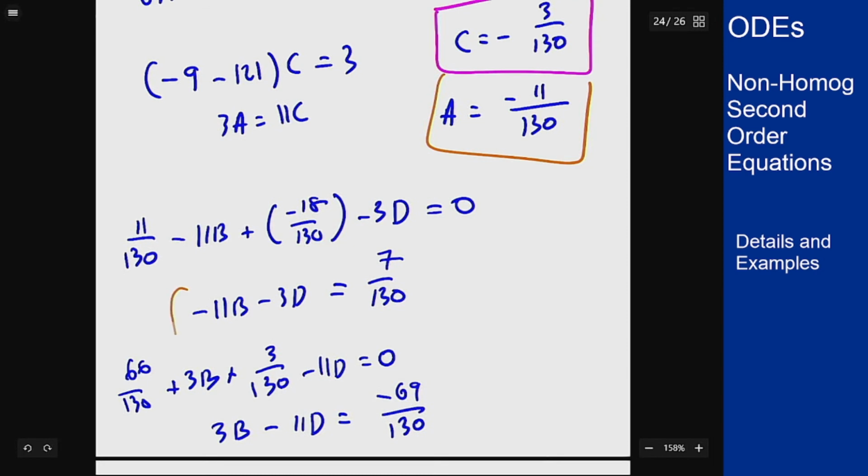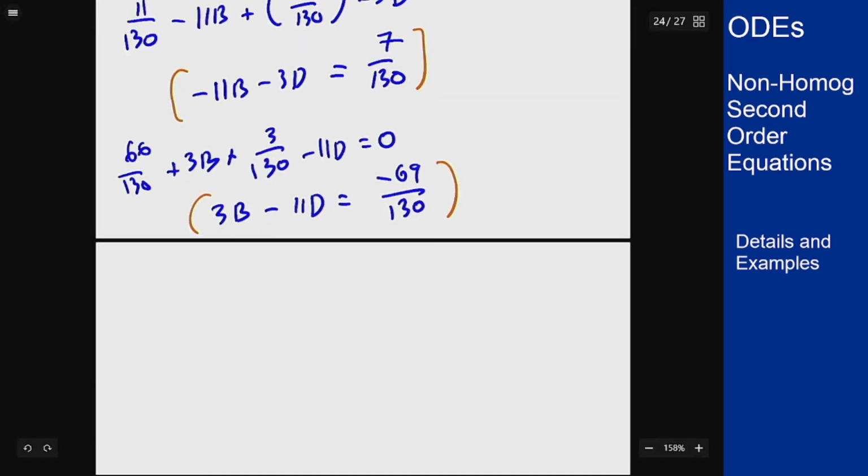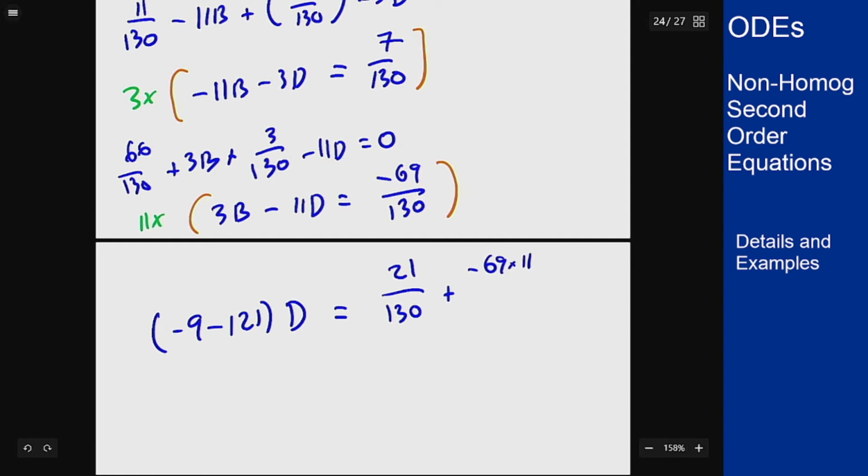I can solve these two in the same process as the first two that I solved. They are actually the same coefficients with a different right-hand side. If I do that, I can again multiply this by 3, this by 11, add them together. So I end up with, again, negative 9 minus 121d equals 21 over 130 plus negative 69 times 11 over 130, which this here is 759.